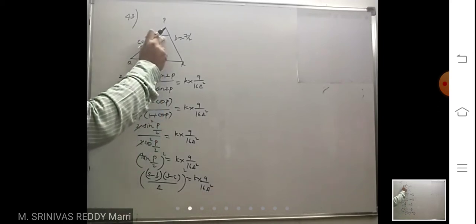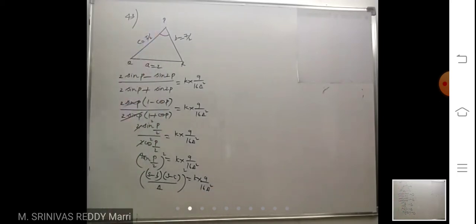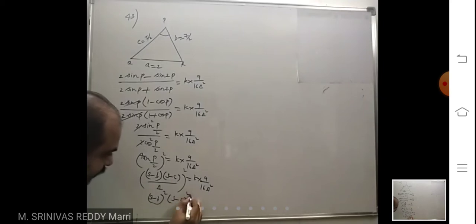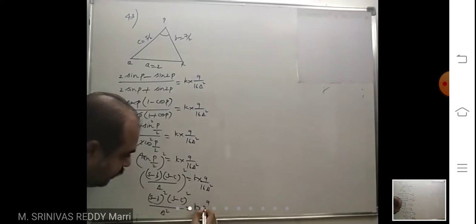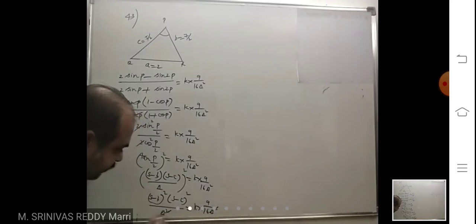Just like our formula tan A by 2, here angle is P. That means here you will get S minus B whole square, S minus C whole square divided by delta square equals K into 9 by 16 delta square.